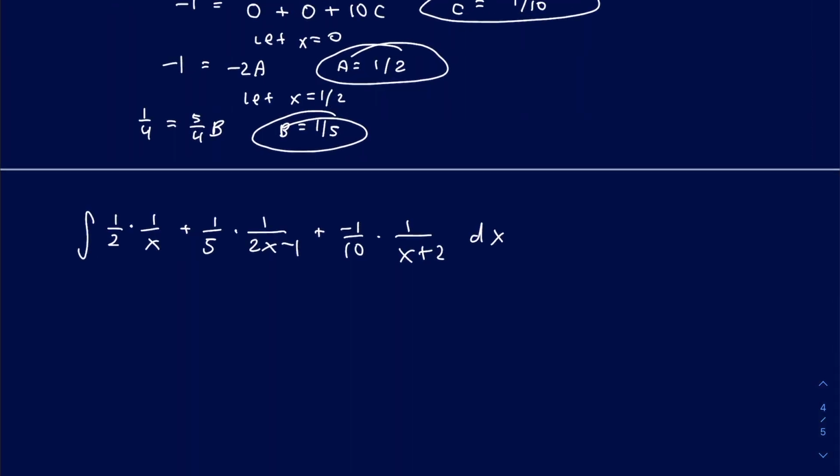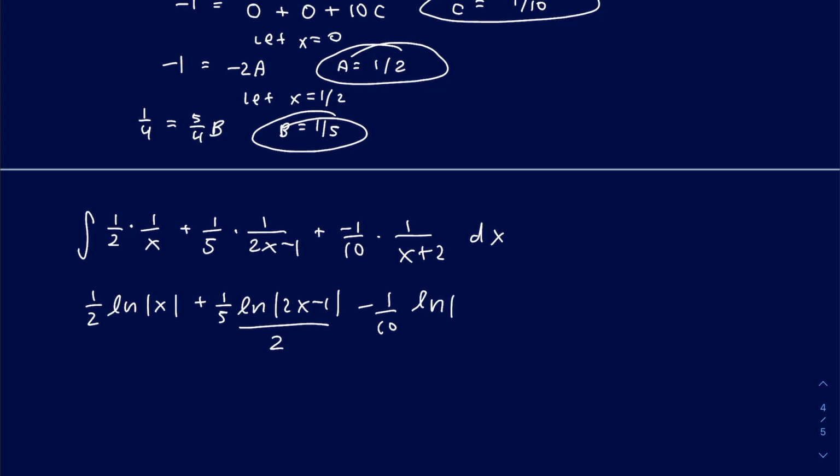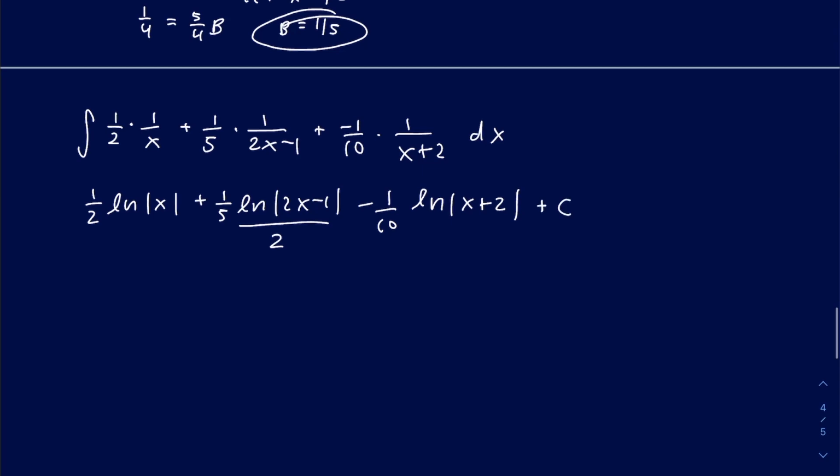So when we integrate this using logarithm rules, we get 1/2 ln absolute value of x, plus 1/5 ln 2x minus 1, and then using the chain rule, we divide by 2. And then minus 1 over 10 times ln x plus 2, plus c.